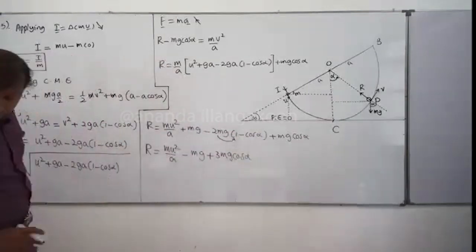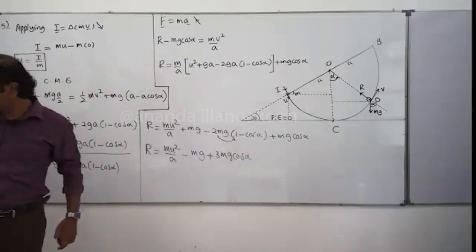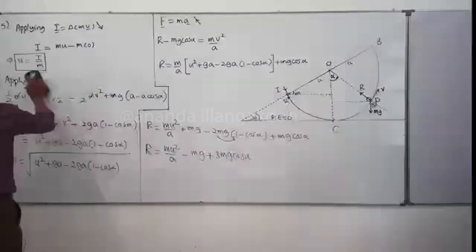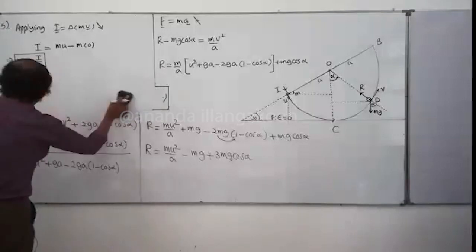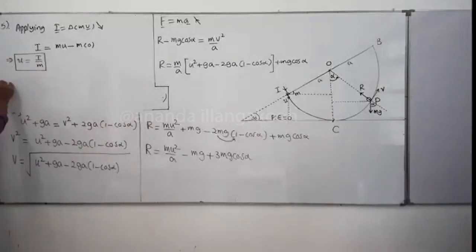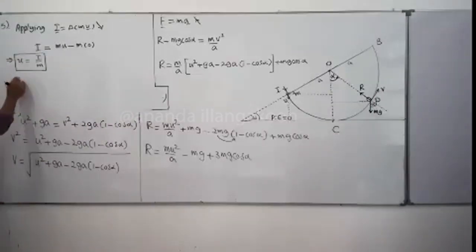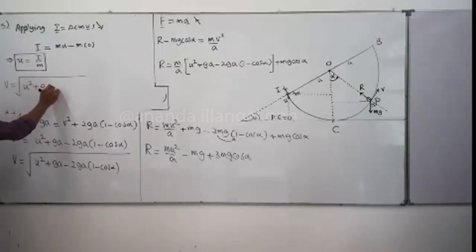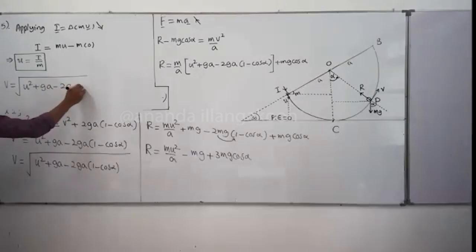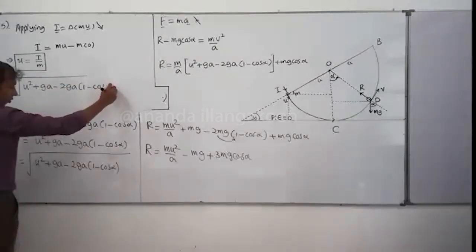Right, this way we get that V and R. I am going to write here now. V is equal to root of u squared plus ga minus 2ga(1 minus cos alpha).